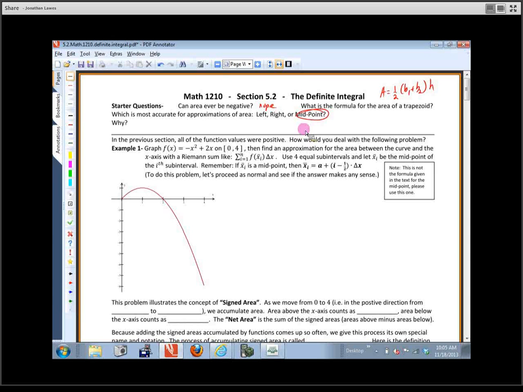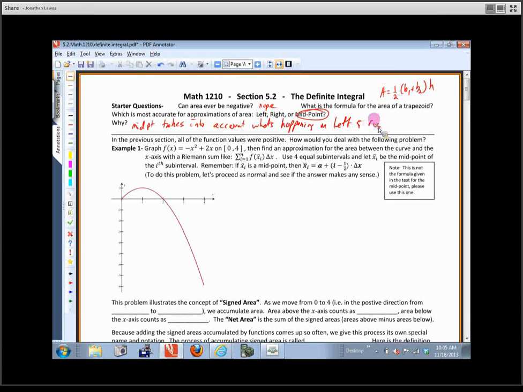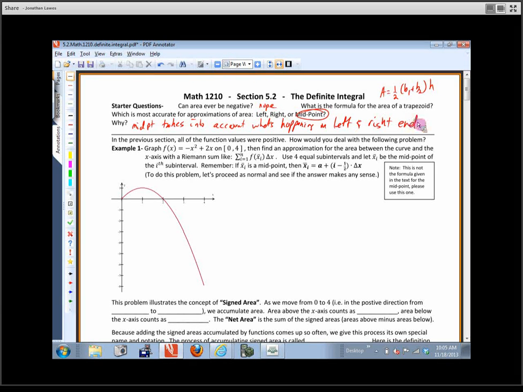I'll buy that. Okay, here's what I think would be a little bit more descriptive way of describing that same type of thing. The midpoint takes into account what's happening on the left and right endpoints.